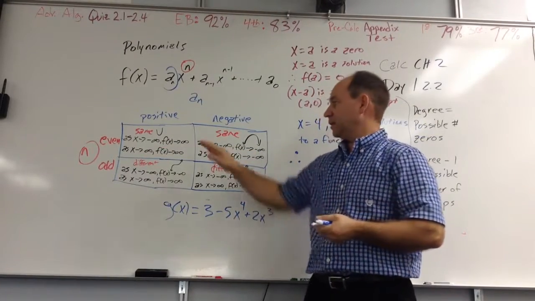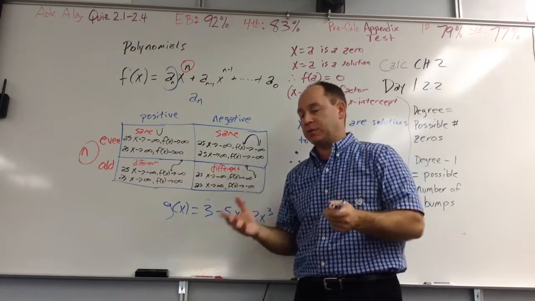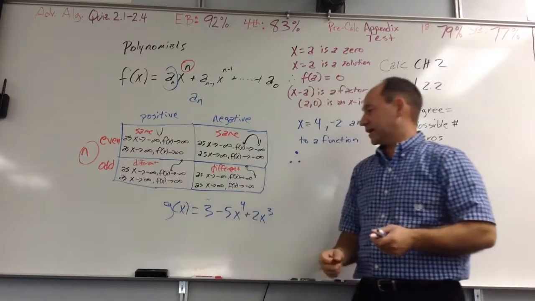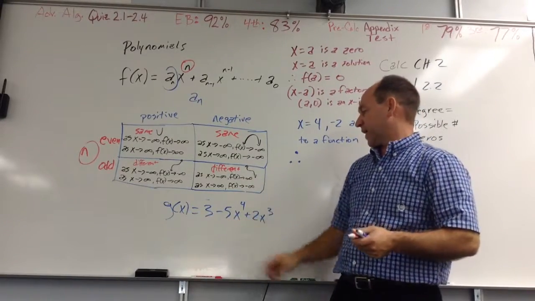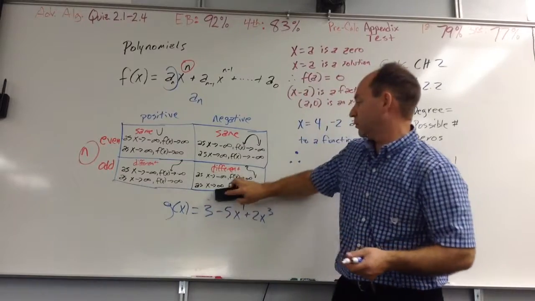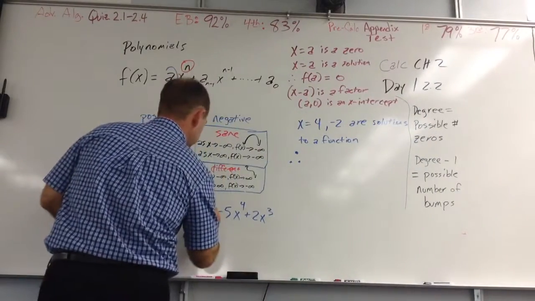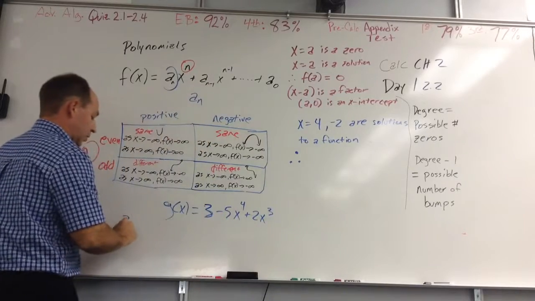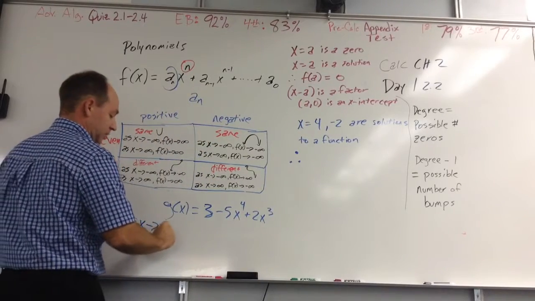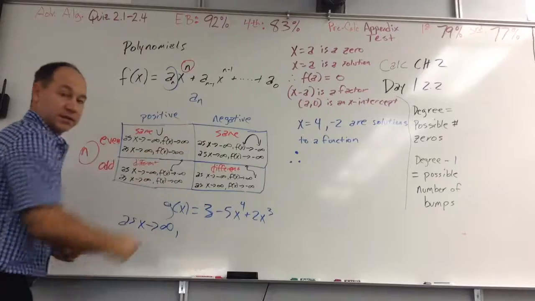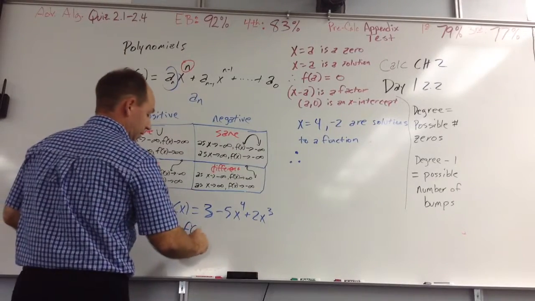So we want to get used to this, because that's what we'll do in calculus. If I have g of x equals 3 minus 5x to the fourth plus 2x cubed, what does that do? I'd say as x approaches infinity, that's to the right, what will f of x be doing?